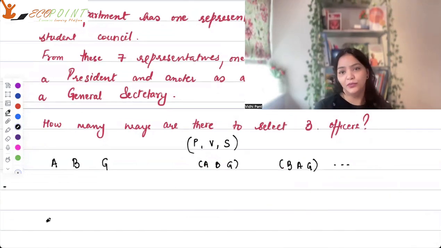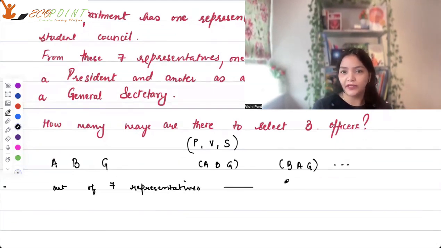Now, related to the concept of counting that we did in the previous lecture, out of the 7 representatives, I have to create all possible 3-tuples. That will be my total number of cases. Now how will we find this? We have already done the multiplication rule, remember?